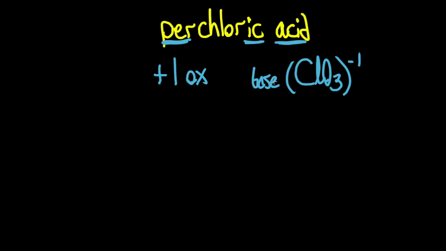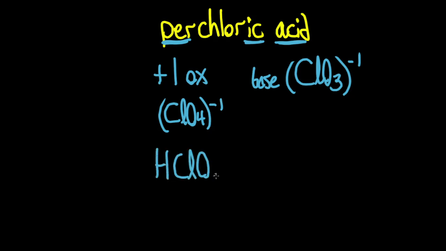So now +1 oxygen is going to be ClO4 with my -1 charge. All right, I balance that out with 1 hydrogen, and I end up with HClO4 as perchloric acid. Okay, same hazards as before, corrosive, toxic.